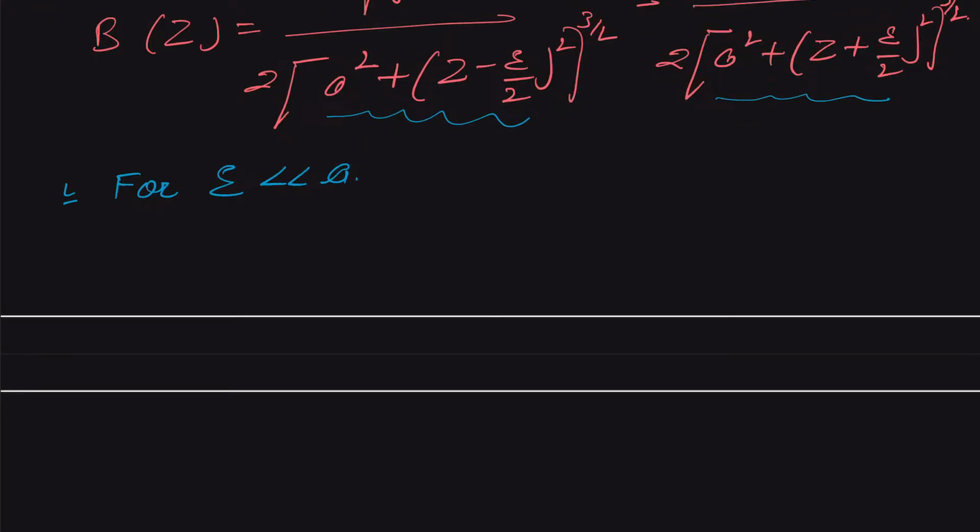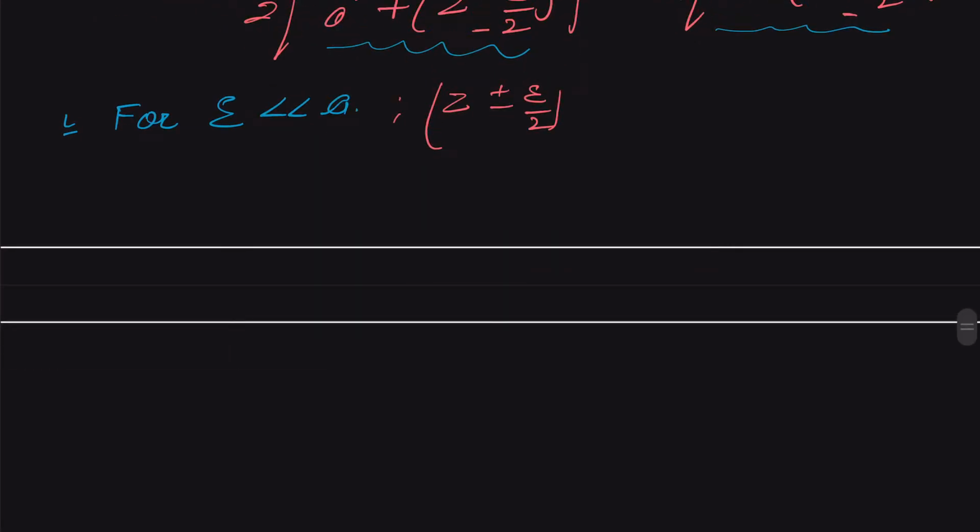So let us write it as f of z. We can combine this z function and epsilon function as z equal to z plus minus epsilon by 2, because one contains minus and the other contains plus.